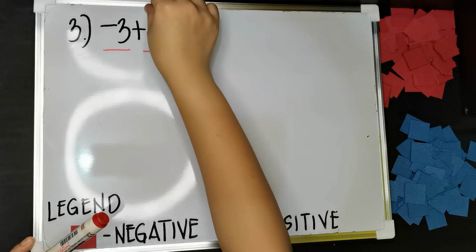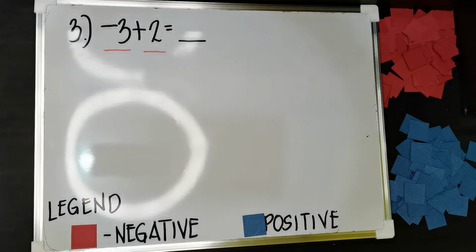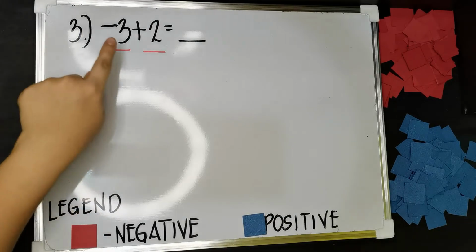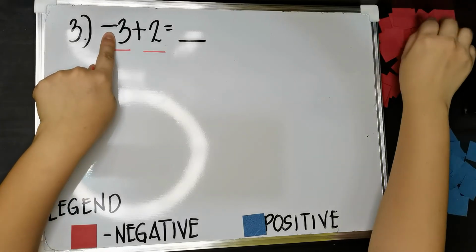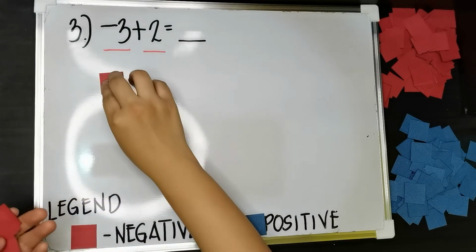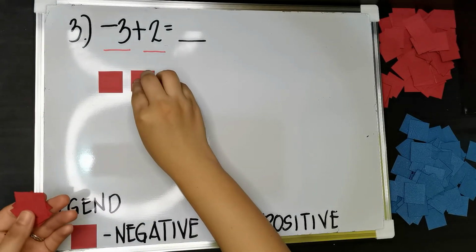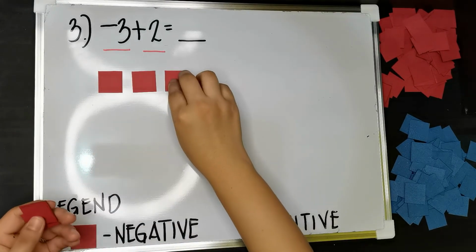It is already understood na. Matik na yon. Okay? So, since this is sign tiles, let me use negative 3 red sign tiles. Okay, so 1, 2, 3.